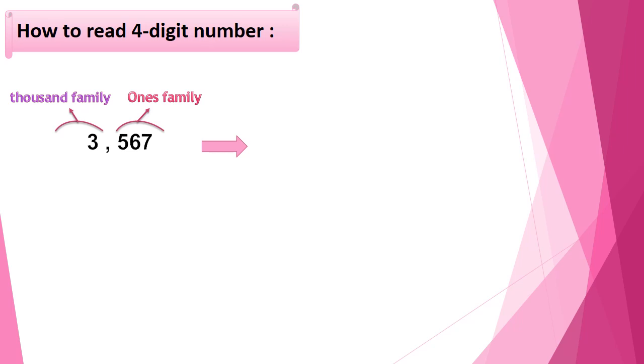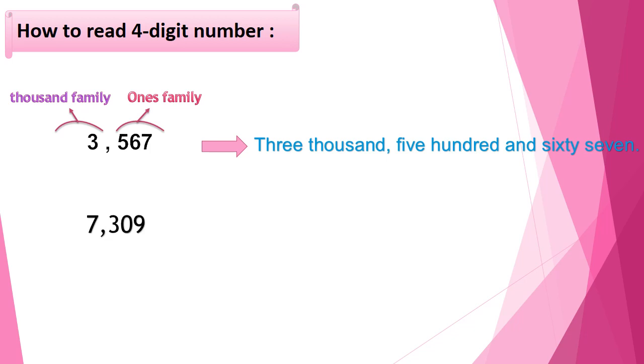When we read it, we must tell the family name. So we will say 3000, 567. We will not say the name of this family because it's the no name family. So 3567.